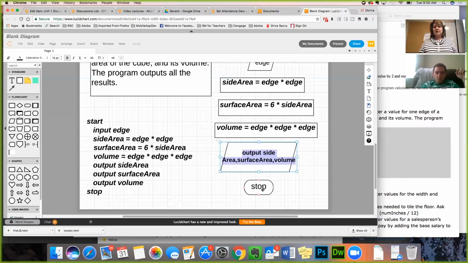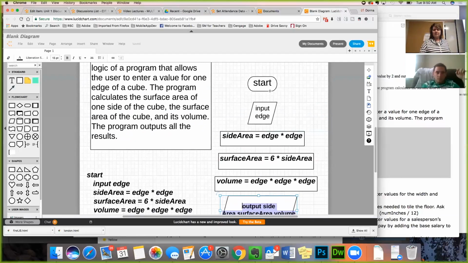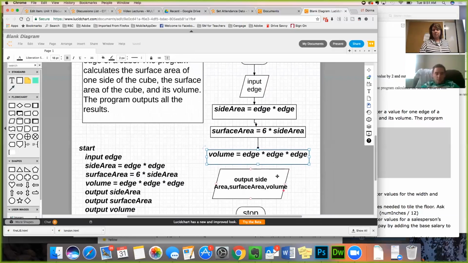If I took these up here and changed it when I got down to the bottom, if I had a different variable name in my output, it wouldn't know what the variable was.